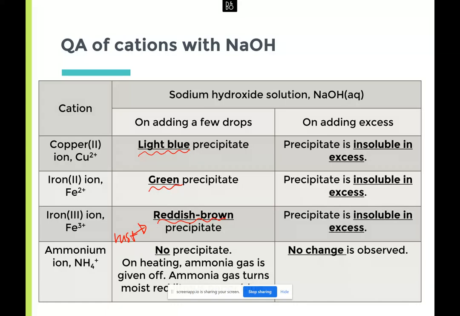Then the last one, for ammonium, it does not give any precipitate. But for ammonium, remember when you have ammonium salt plus alkali, which in this case is sodium hydroxide, it will give us salt plus water plus ammonia gas.